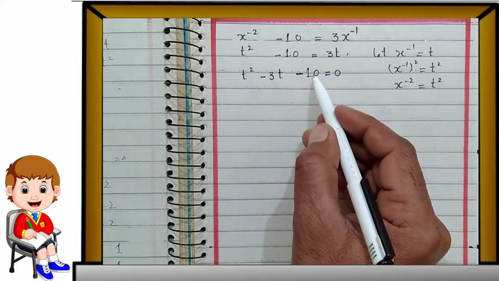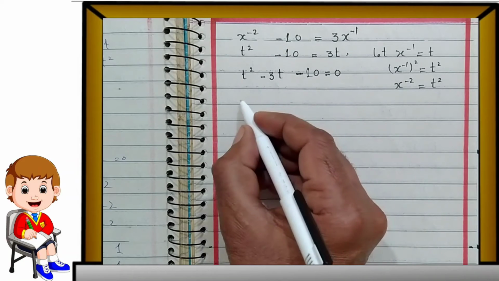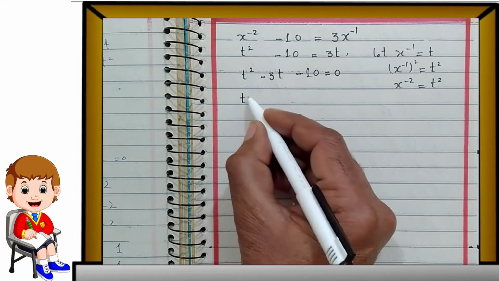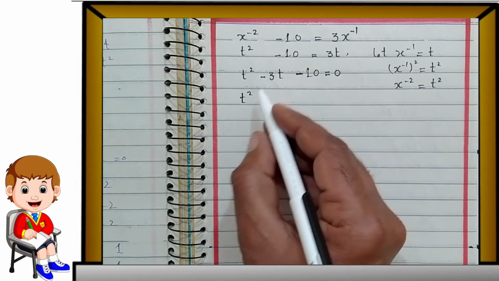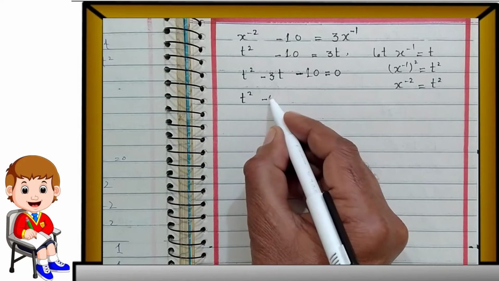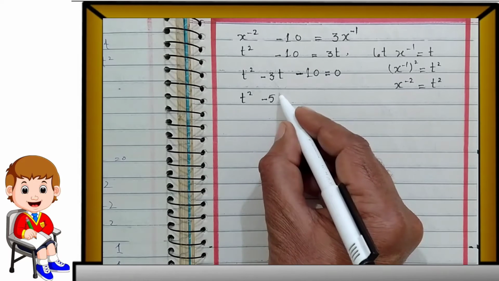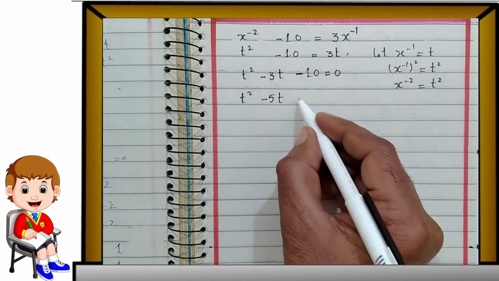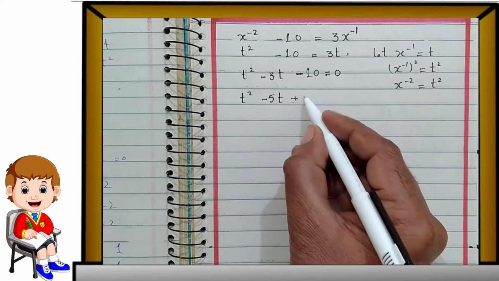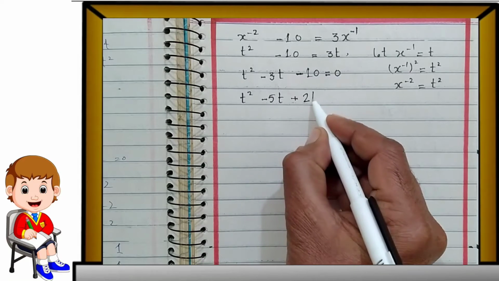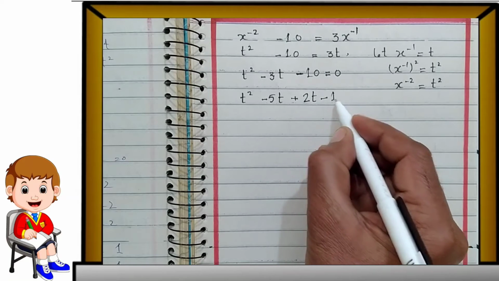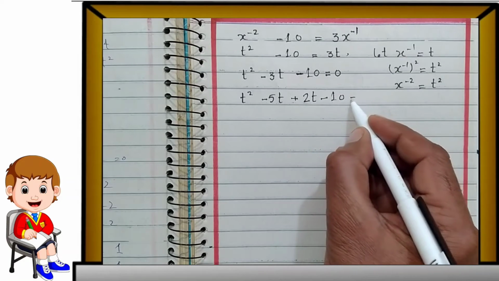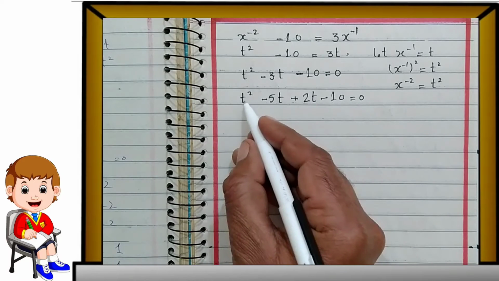Now we factorize minus 10: the factors are 5 and 2, so t squared minus 5t plus 2t minus 10 is equal to 0.